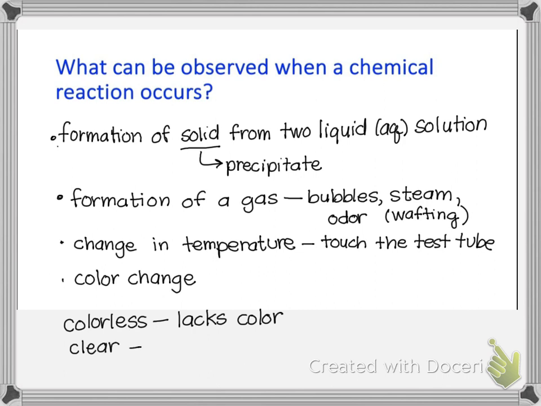Clear means that there are no particles in the solution, in comparison to something that's cloudy, where you see particles. So colorless would be as opposed to an actual color, like blue. I just mentioned this now, and I'll mention it again as we're learning about observations. It's important to remind ourselves of that.